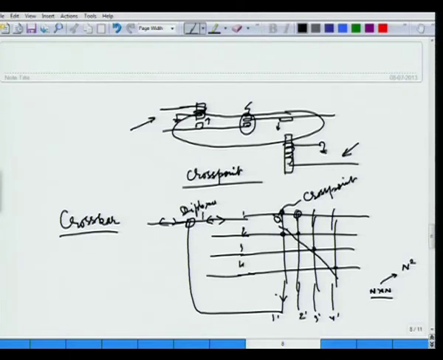So, I will be only using these elements for building up the complete switch. This is known as the upper triangle. This means n into n minus 1 by 2 cross points will be required. In this case n is 4.